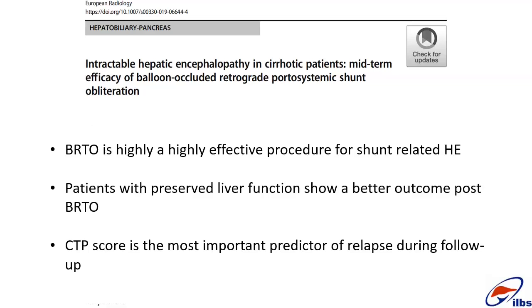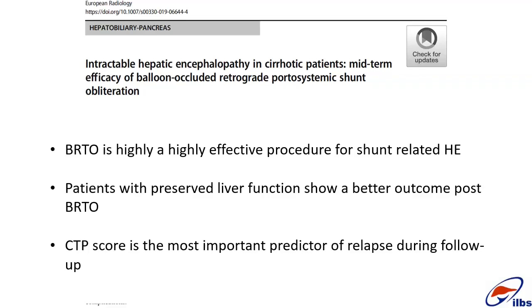And that happened because you are making a hepatopetal flow. You are forcing the blood to go towards the liver. All the gut hormones should reach the liver, which were bypassing the liver. We also got to know that CTP score is the most important predictor.